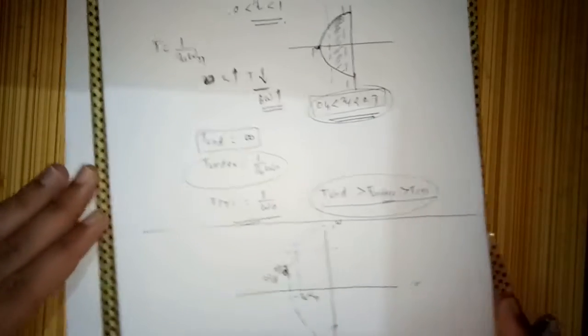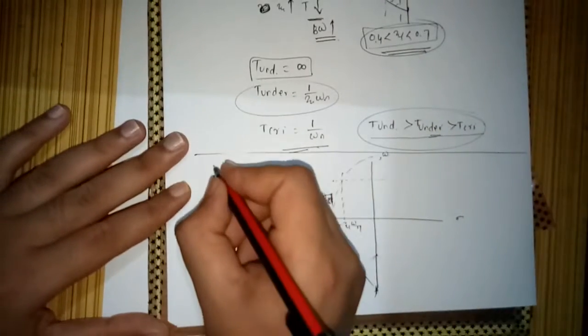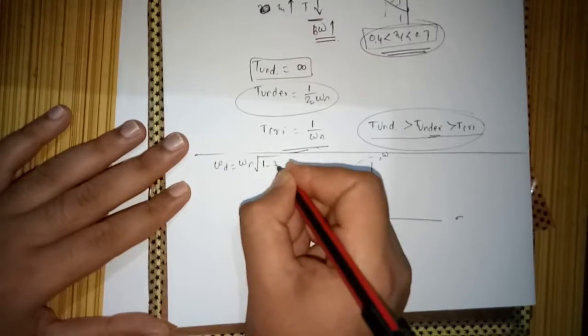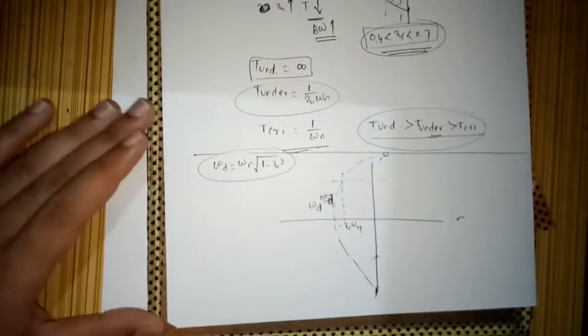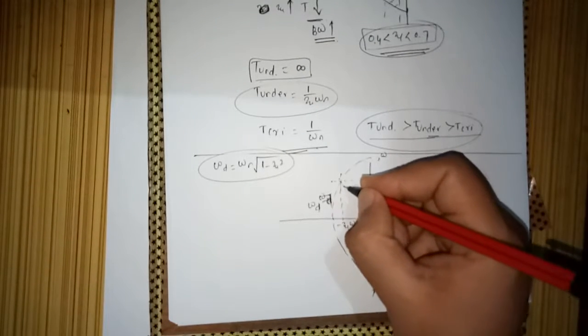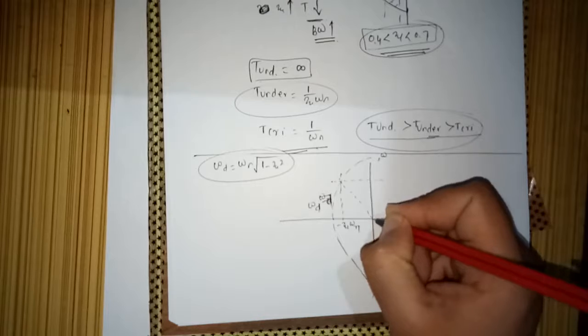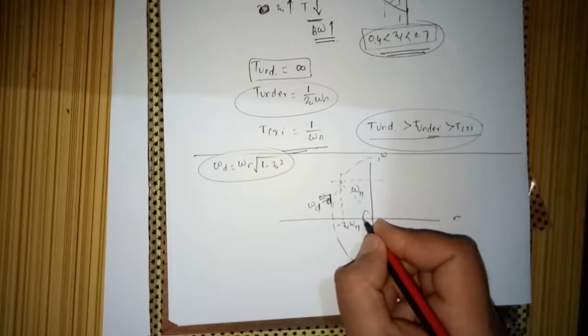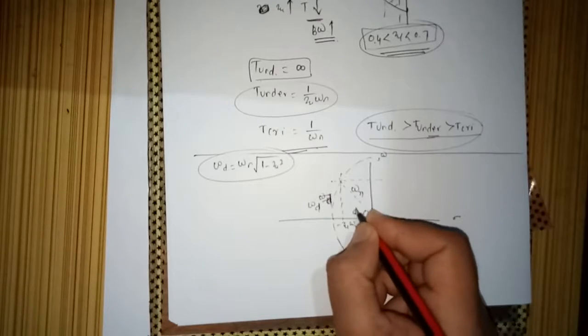We know omega d is nothing but omega n under root 1 minus zeta square, right? So this is my omega d, and this part is omega n, and generally we write this angle as phi.